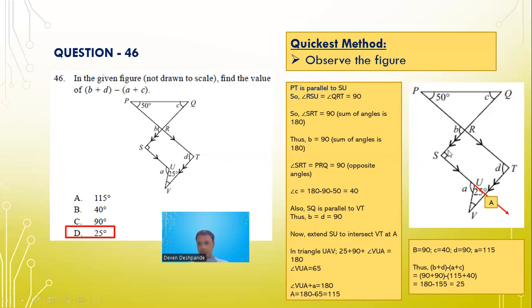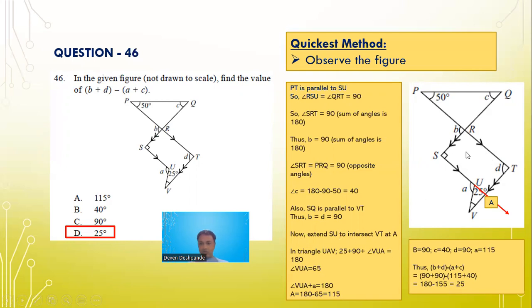SQ is parallel to VT. So angle B is equal to D, which is 90, isn't it? So angle B is the same as angle D, they are the corresponding angles. So if B is 90, then D also is 90.